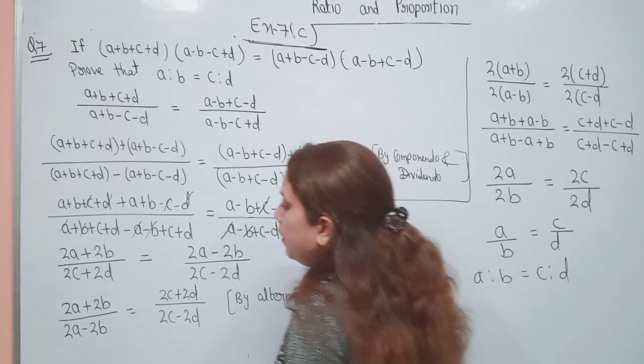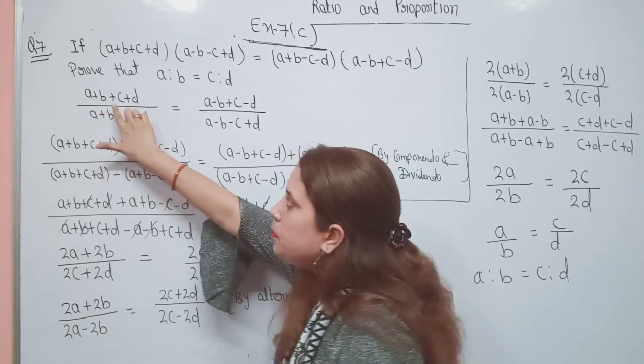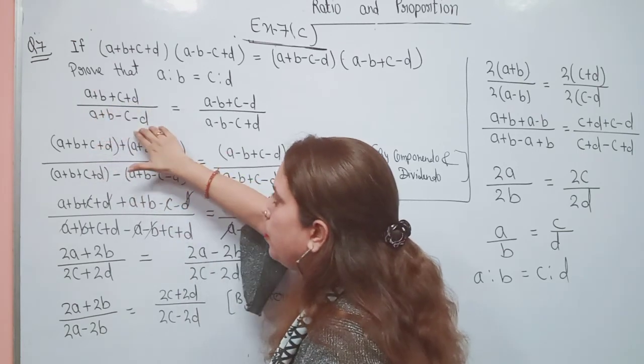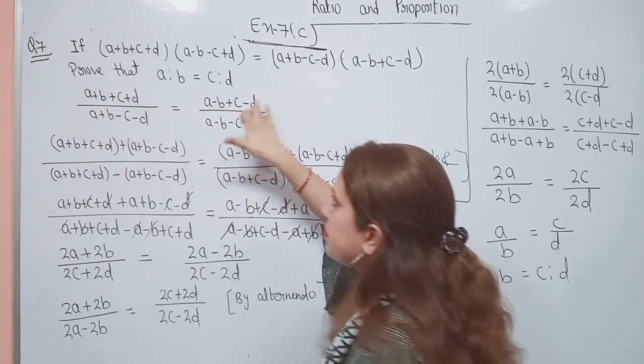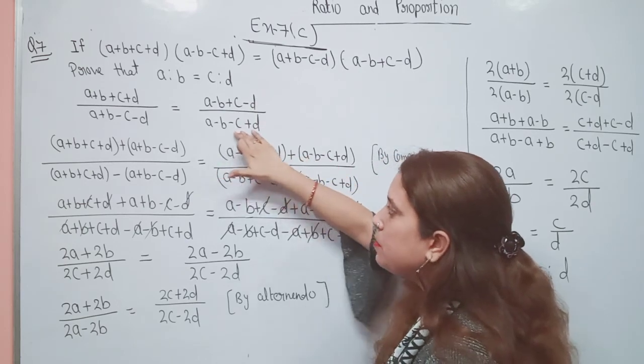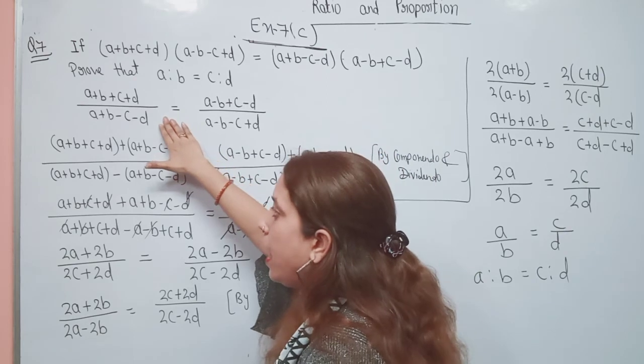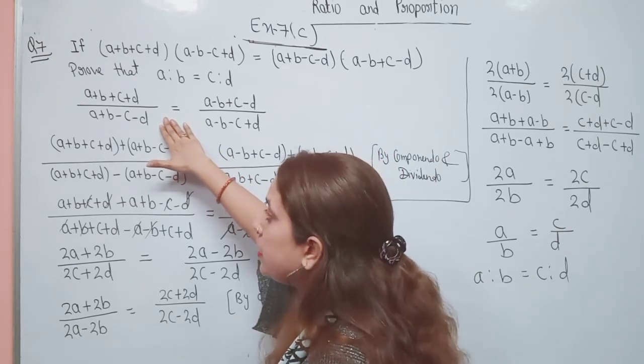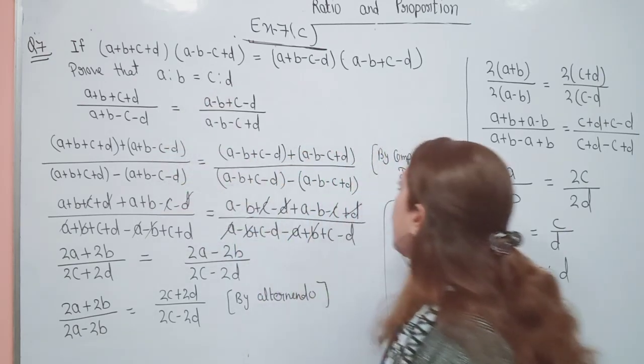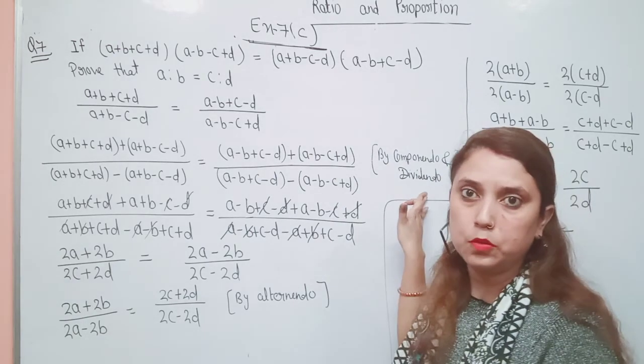Okay, so it will be a plus b plus c plus d upon a minus b plus c minus d, upon a minus b minus c plus d. After sending the denominator and arranging, we will apply componendo and dividendo.